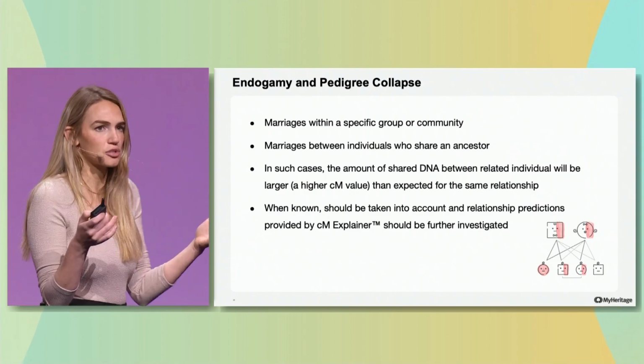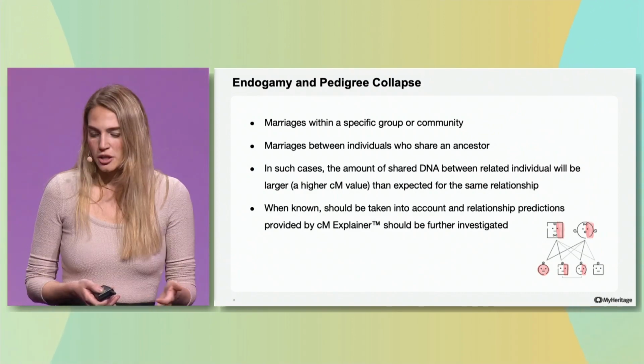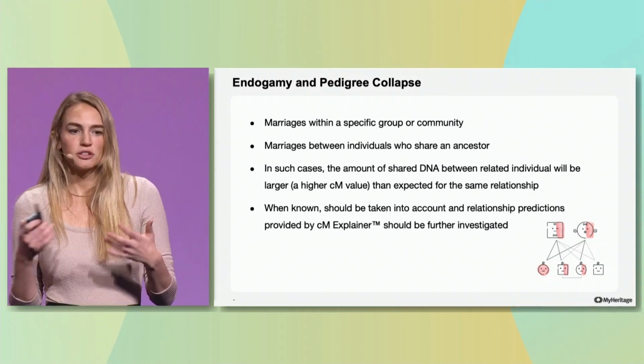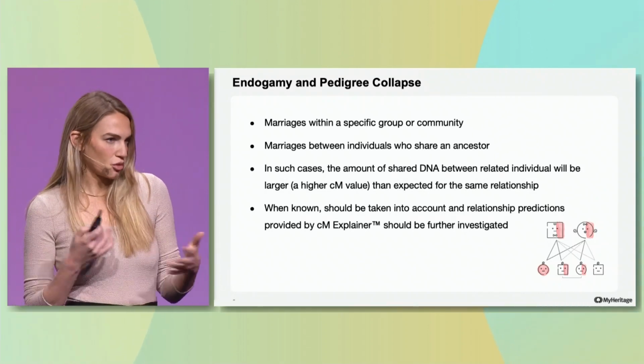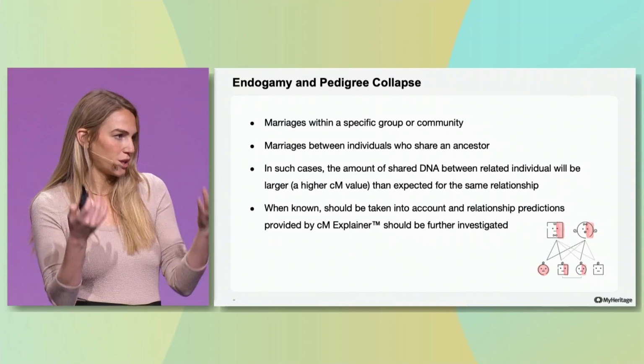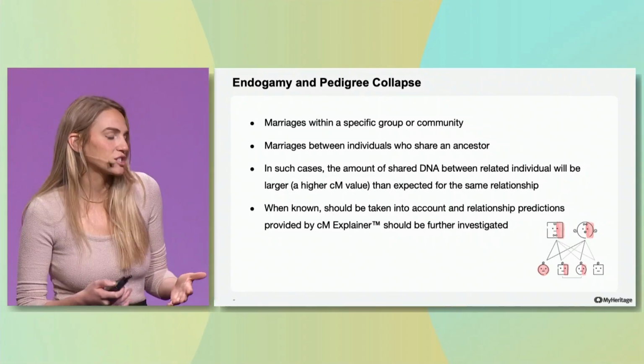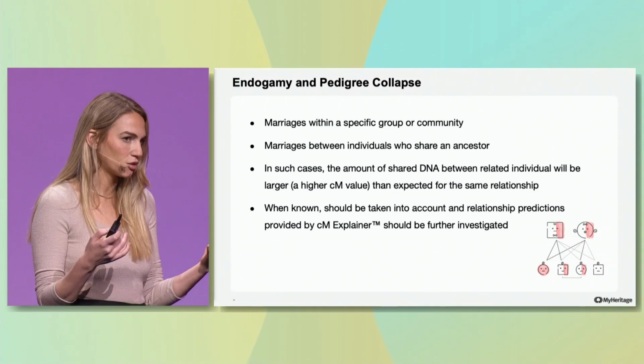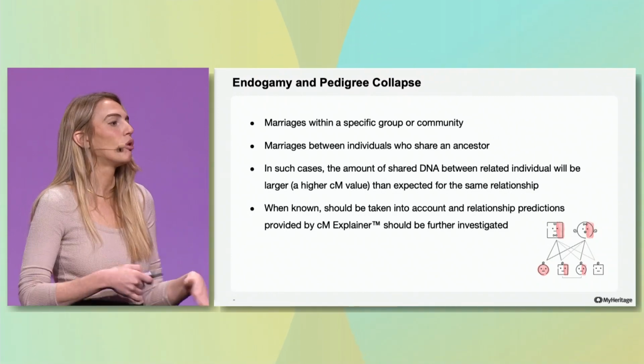For example, marriages between cousins. Now, in cases of pedigree collapse or endogamy, the amount of shared DNA between two individuals who are related will be larger than expected. So, for example, second cousins that have endogamy in their family or pedigree collapse will be expected to have more shared DNA.